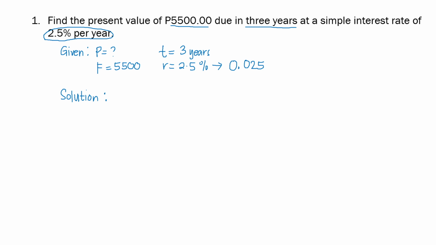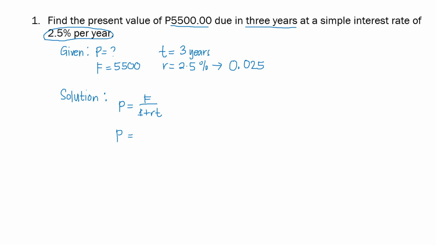The formula in finding the present value is P is equals to F all over 1 plus RT.